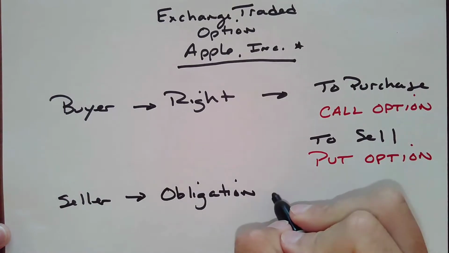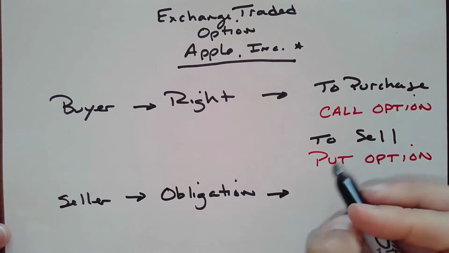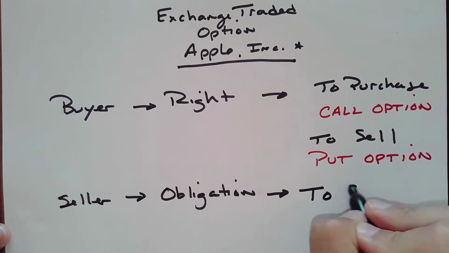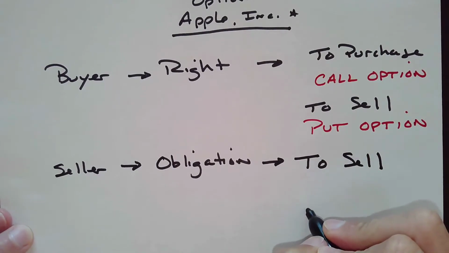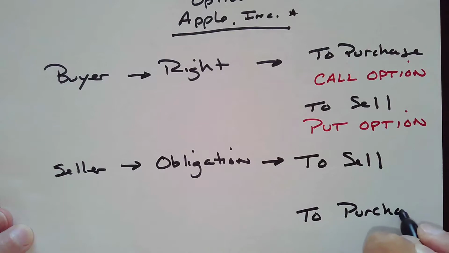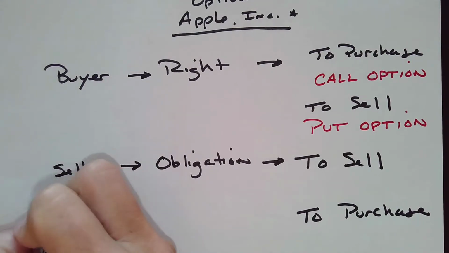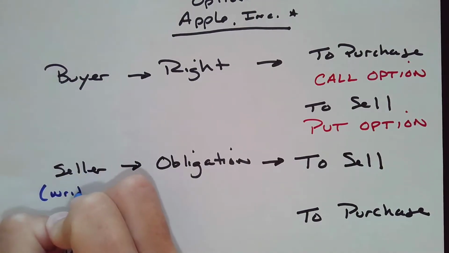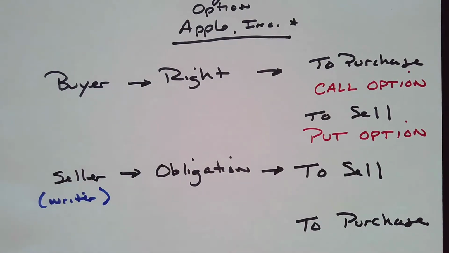And they have the obligation, I'm going to keep these in the same order, they have the obligation to sell, or they have the obligation to purchase. So we also will sometimes have the seller be referred to as the writer of the option. The seller, the writer of the option.